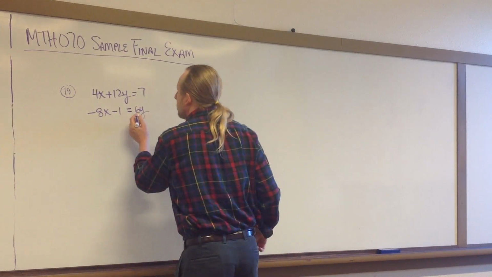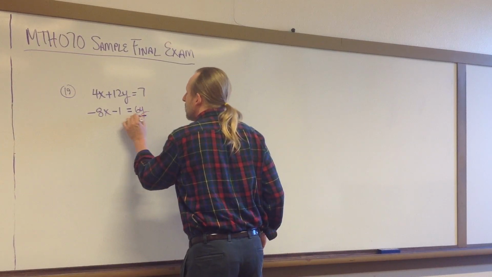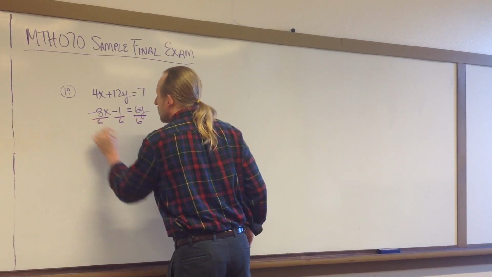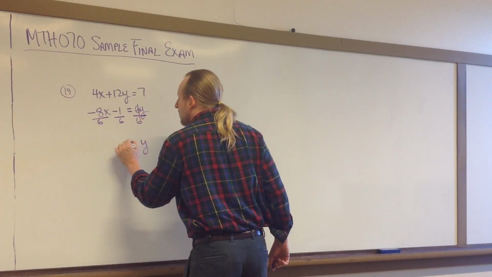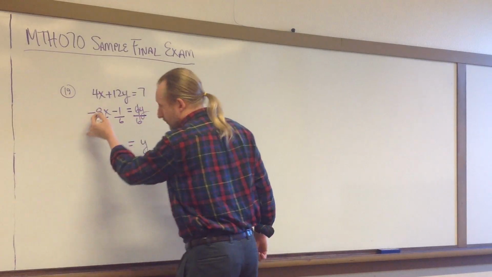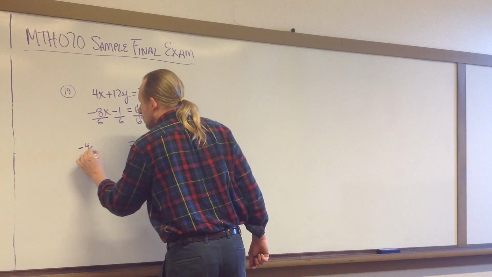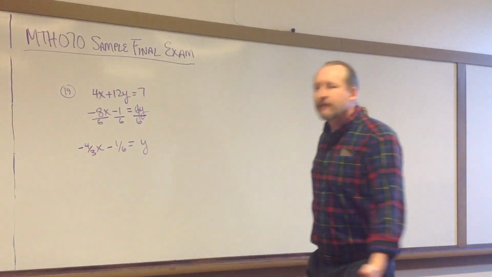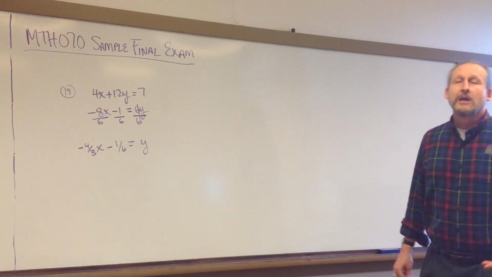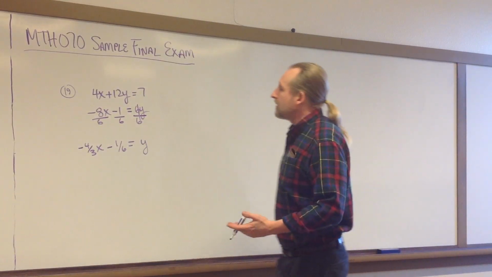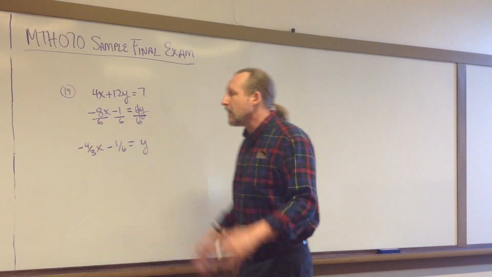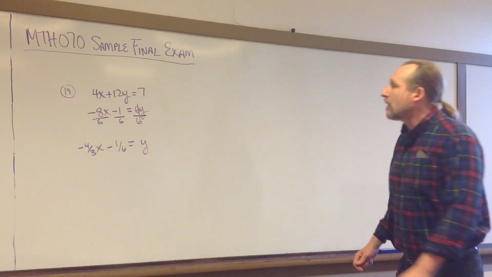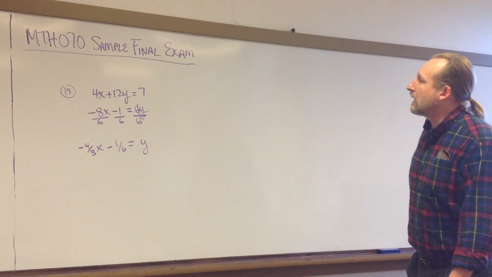I'll divide everything through in this equation by 6. Okay, so y is now equal to, it's a good idea to reduce this, negative 4/3 x minus 1/6. If you like decimals, then notice that these are going to be repeating decimals, and you should carry around those extra digits with you so that you get an accurate answer at the end.